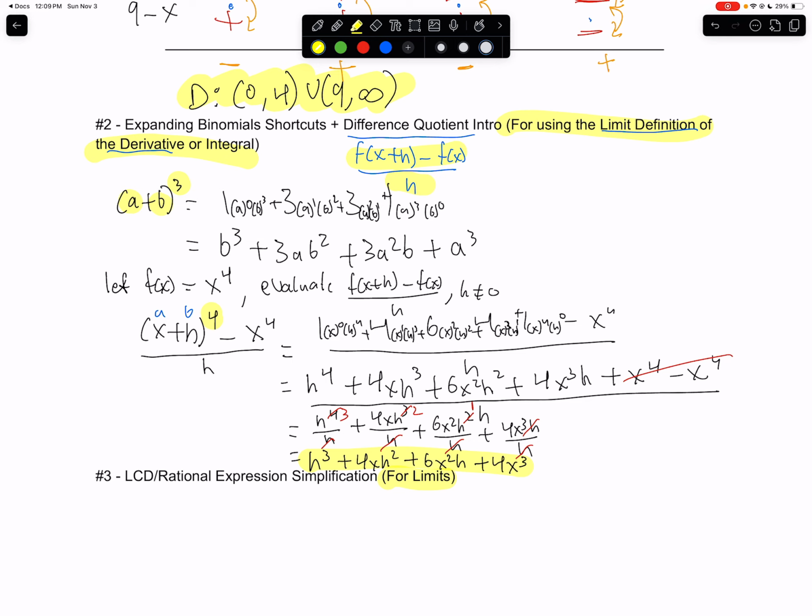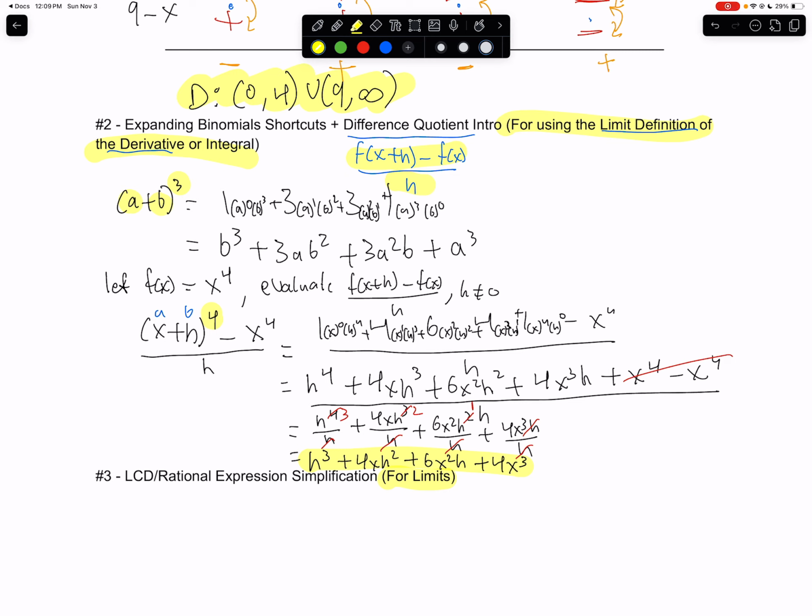Binomial, like Pascal's triangle, is not necessarily required, but it is a very helpful technique that I would 100% recommend you know, because it eases the foiling process, it's an easier way to look at it, and it's easier to not make mistakes.